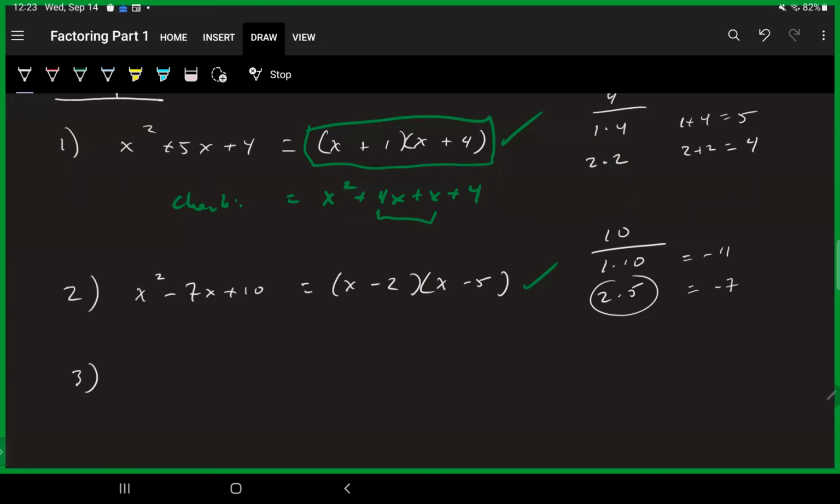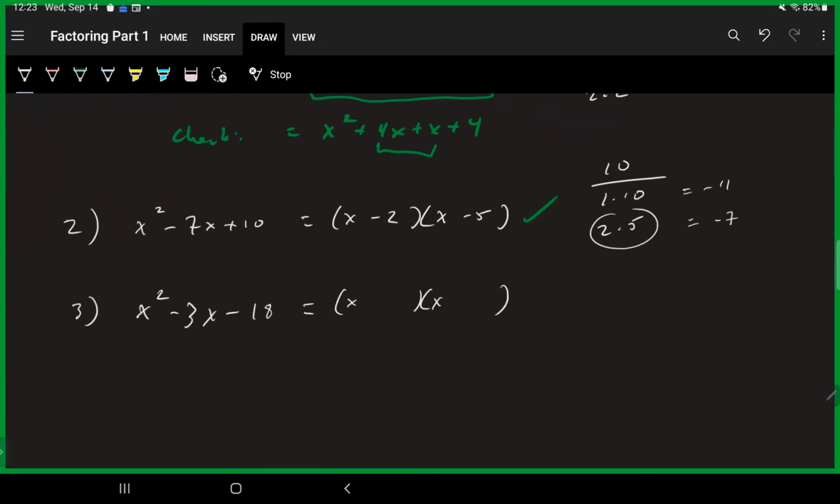And the last type is when I have that negative constant term, and these are the hardest cases. I know x by x is x squared, but I have to make a negative 18.